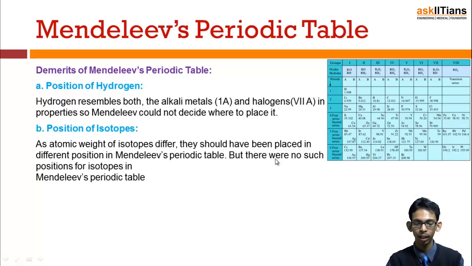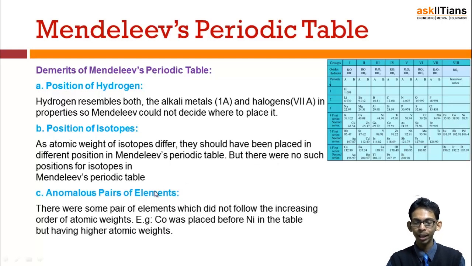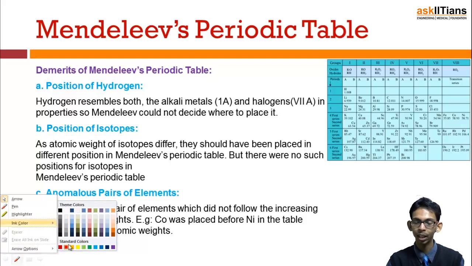This was another demerit. Next is anomalous pairs of elements. Actually there were some pairs of elements which did not follow the increasing order of atomic weights. Just like cobalt was placed before nickel in the table, but we know the atomic mass of nickel is less than that of cobalt.